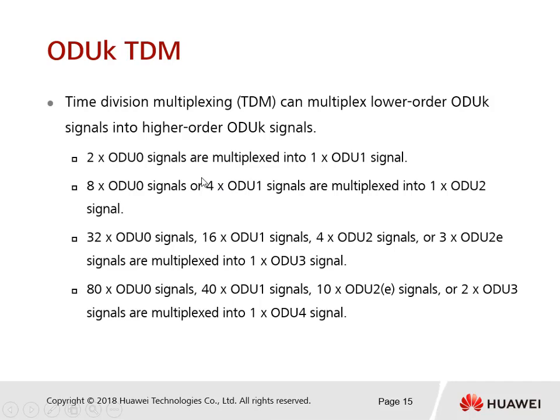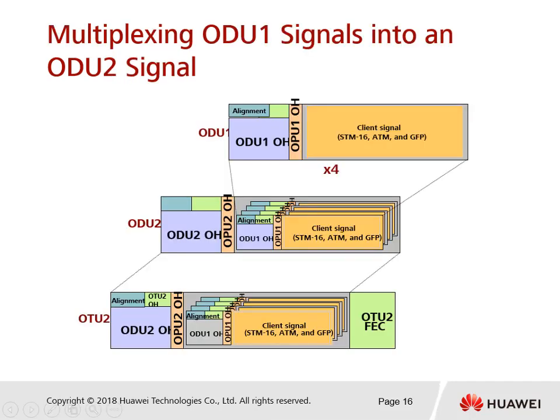For example, we can multiplex the ODU0, ODU1, ODU2, ODU3 at the same time into the ODU4. But just make sure the total bandwidth of the low order ODUk is less than the bandwidth of the high order ODUk.